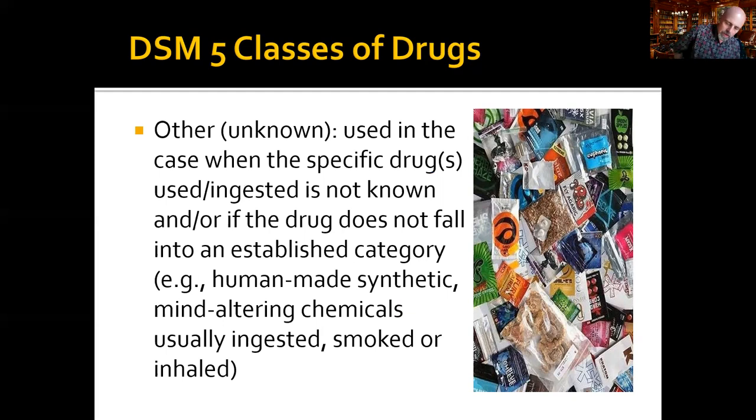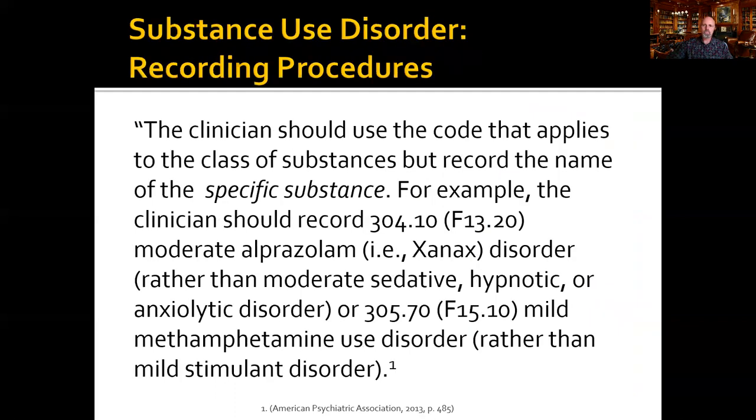It's really crazy nowadays how many chemists are out there making all kinds of crazy drugs. It actually isn't chemically marijuana, but they're using a synthesized version of marijuana in which they mess with the chemistry somewhat, and then they sell it in a crystalline fashion that you can smoke. There's lots and lots of stuff like that going on out there right now. So if the drug doesn't fall in a particular category, then it's an other.